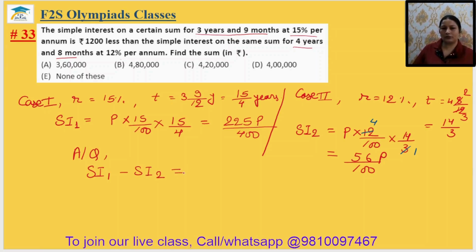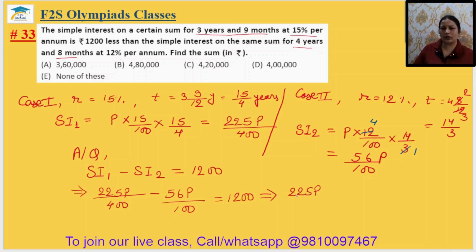to दिया हुआ है 1200. ठीक है, 1200. तो सिंपल इंटरेस्ट 1 is your 225p upon 400 minus 56p upon 100 equal to 1200. This implies 225p upon 400.